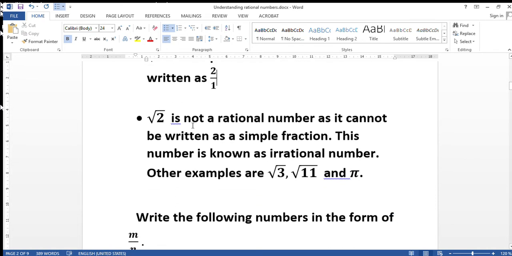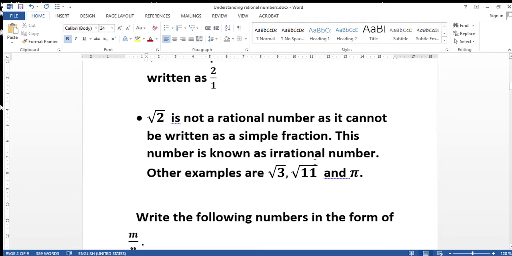But see, we have square root of 2. Square root of 2 is not a rational number, as it cannot be written as a simple fraction. This number is known as an irrational number.